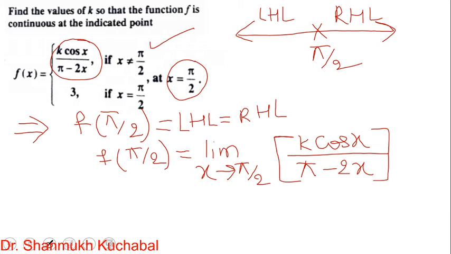This we have to simplify. I use the concept of changing the limit because it is other than 0. So we will take h equal to pi by 2 minus x, so x becomes pi by 2 minus h. Wherever x is there, we replace it by pi by 2 minus h.